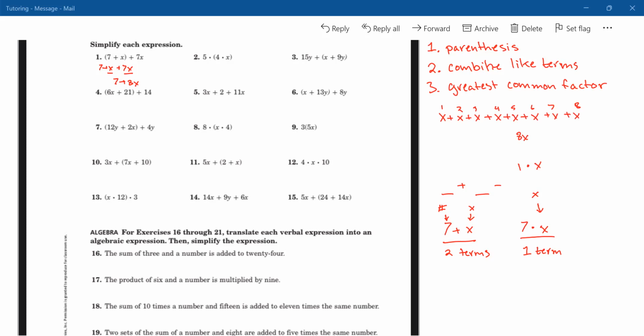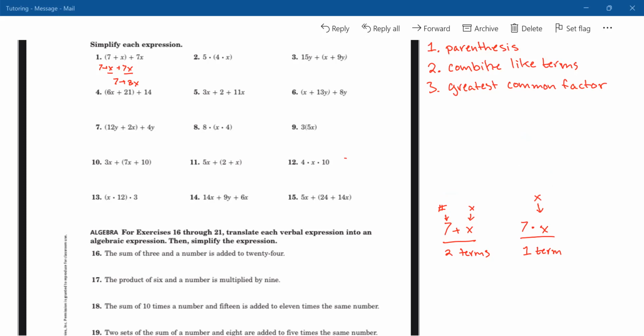Let's try to solve number 2. On number 2, we have 5 times parentheses 4 times x.